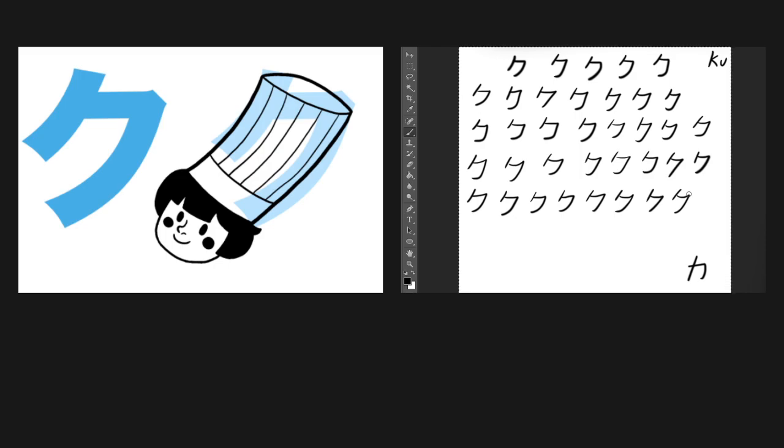Yeah, I think my lines are getting worse, not better, over time. And this horizontal line, you really want it to be straight.